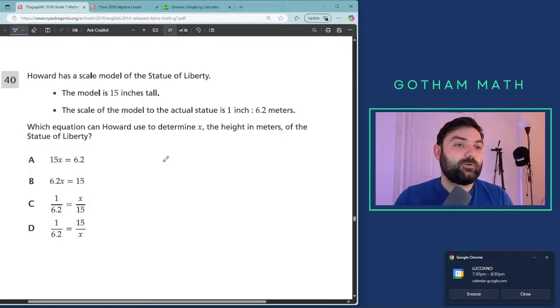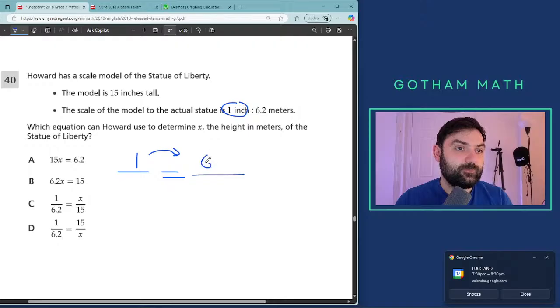Even though you don't need to use a proportion, you can, and you won't miss if you do. Look, 1 inch corresponds to 6.2 meters, right? 15 inches will correspond to x meters, okay? And now we just do this times this equals this times that.